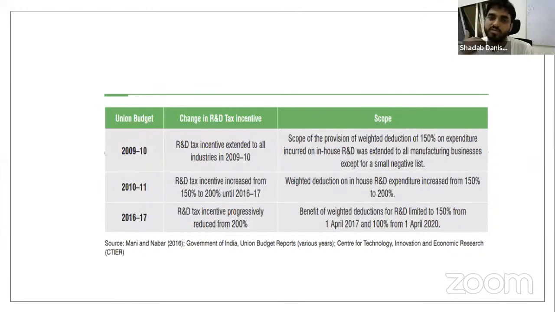For example, if somebody has an income of 50 and invests 20 in R&D, then 40 rupees of their income will be exempted.